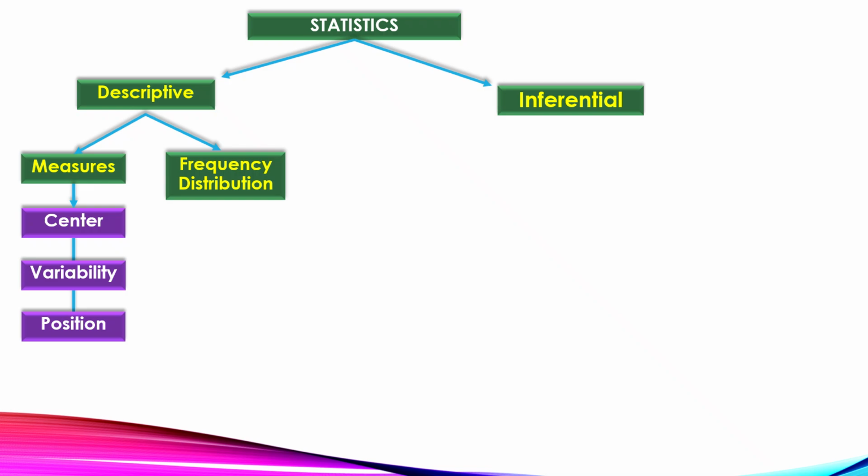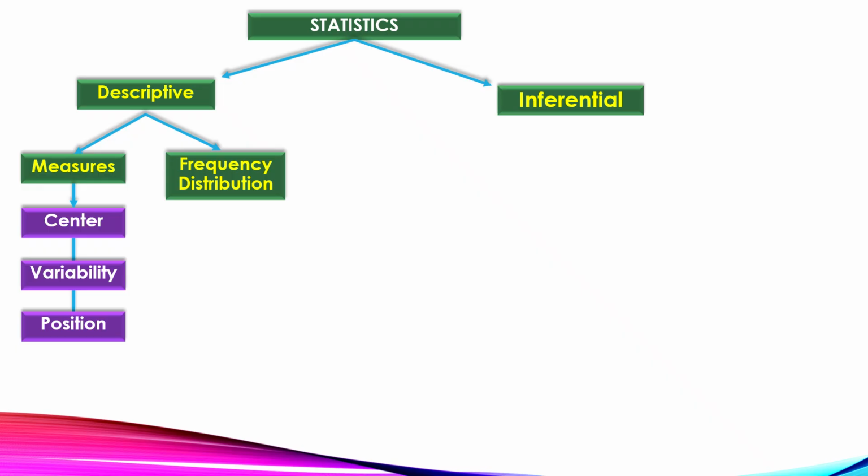Those are the different ways to describe data. Center is the center of the data. Variability is about the spread of the data, and position will tell you where the data is positioned, either in the middle, or at the 3/4 or the 1/4 of the data. While frequency distribution will tell you what percent, or what the majority of the data is.